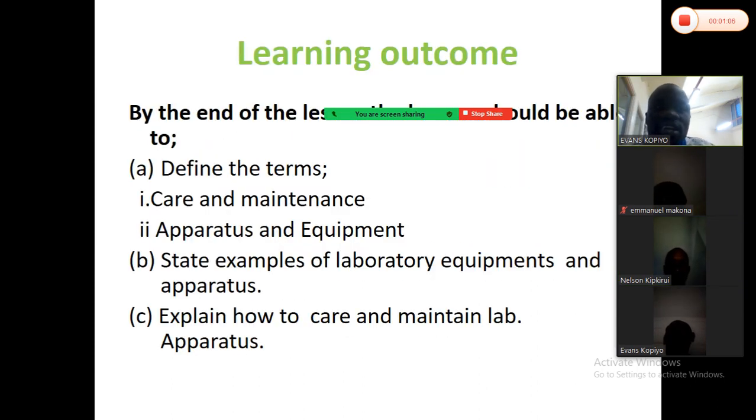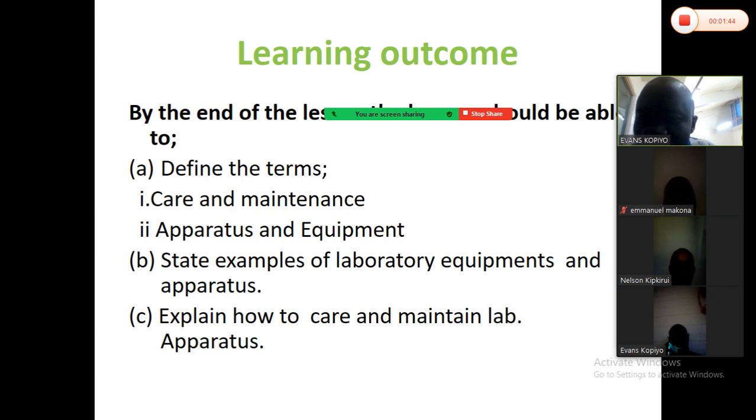We are going to see our learning outcome. By the end of the lesson, the learner should be able to... Emmanuel, can you read objective A?